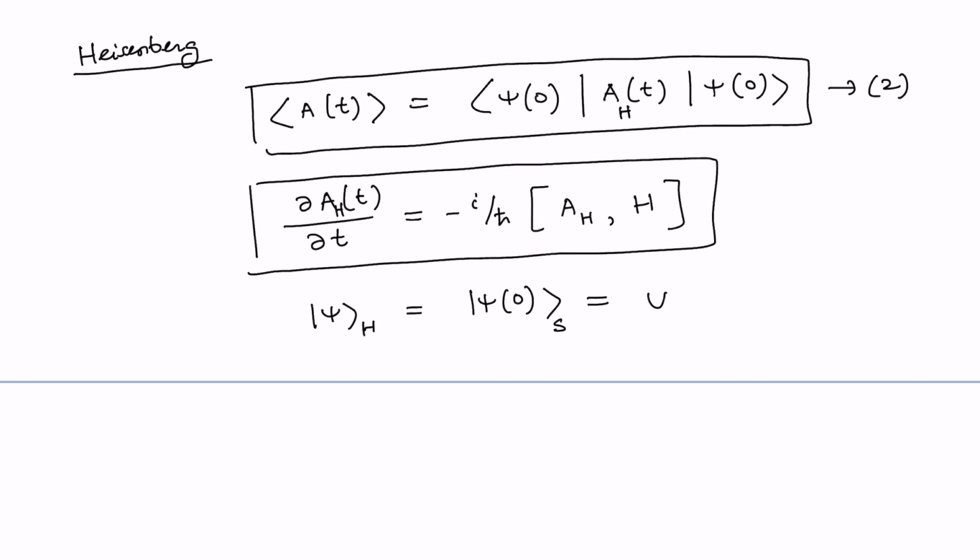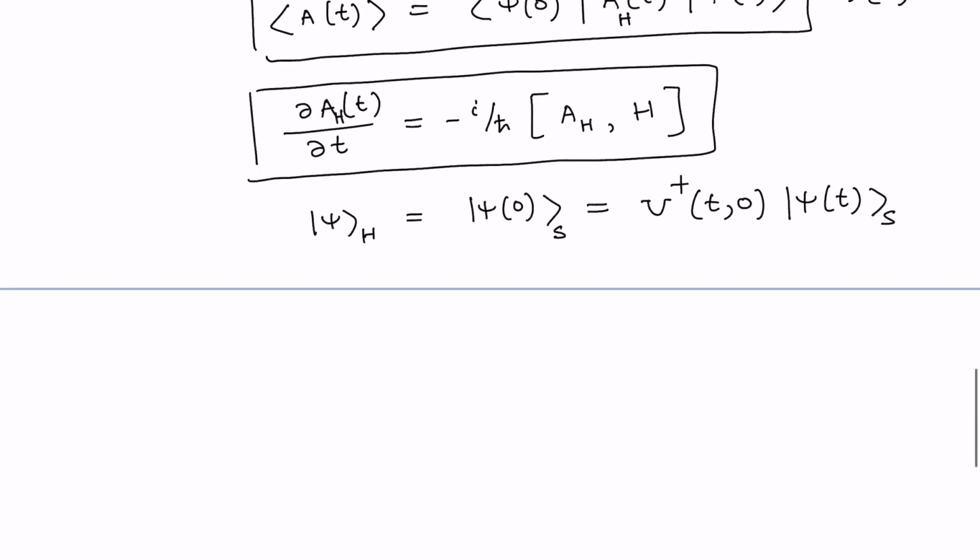So I can also write it by this equation: U dagger(t, 0) psi of t in the Schrodinger picture. Okay, so from here I can also work out the density matrix for the state vector in the Heisenberg representation. This is basically the usual way you are going to calculate it.